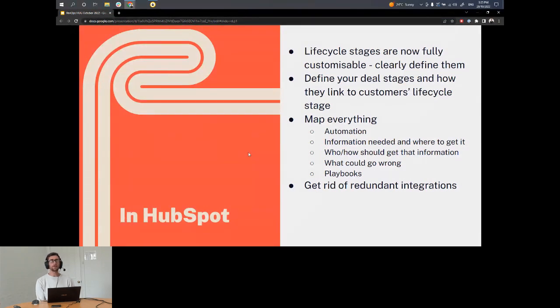Check that data from those integrations is coming through to HubSpot because, again, HubSpot needs to act as your one source of truth. So once you've mapped everything, if you find out that one integration would be good to use at a particular stage, just make sure that that data is coming through into HubSpot and that you can easily access it when you need it.